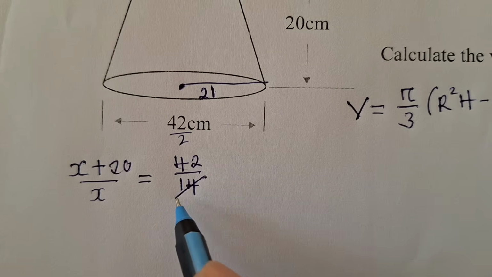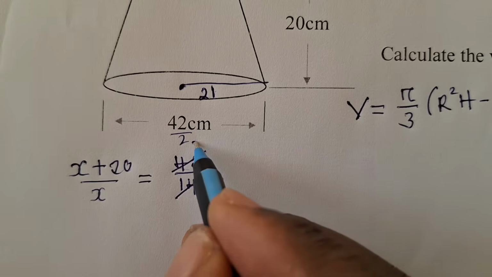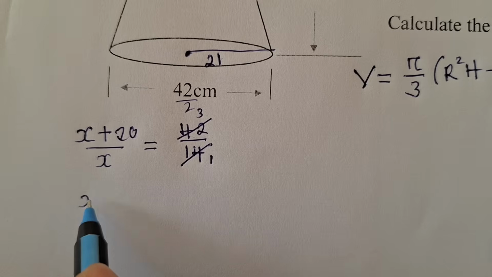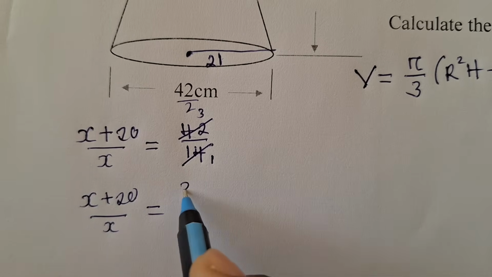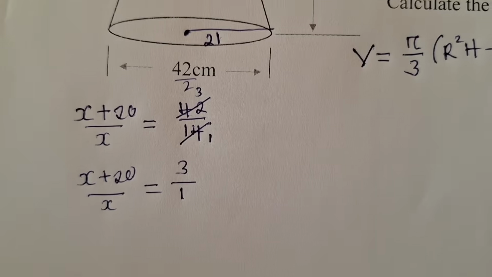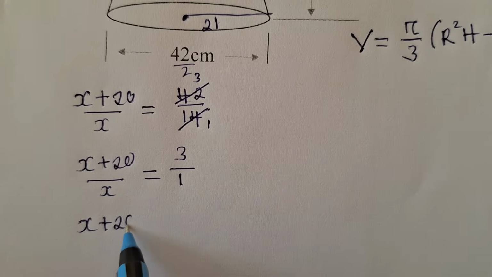So 14 in itself, it's a 1. 14 into 42 will give us a 3. So we've got x plus 20 over x is equal to 3 over 1. We now cross multiply. We're getting x plus 20 is equal to 3x.